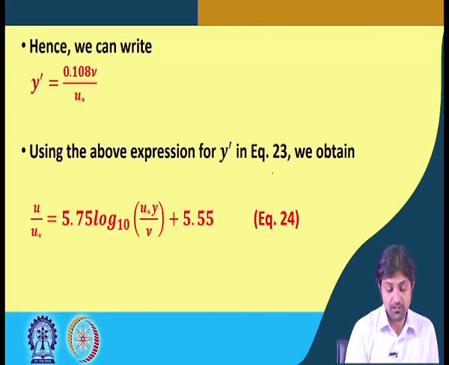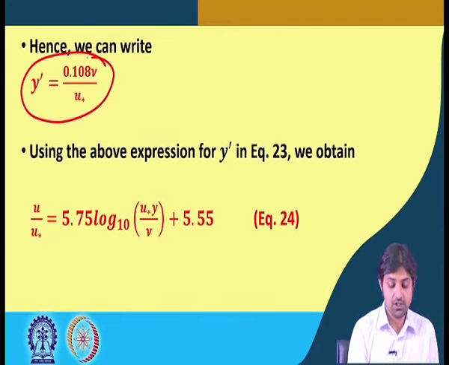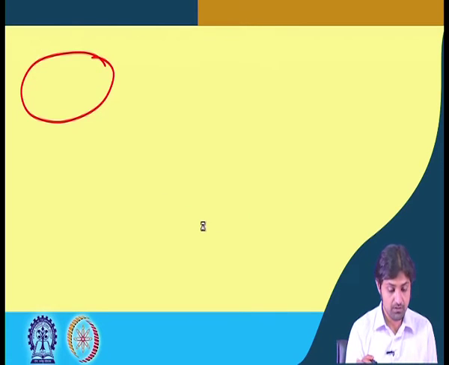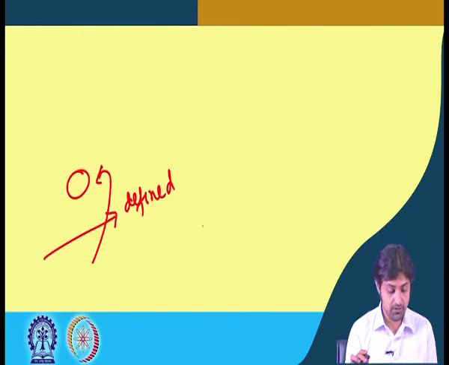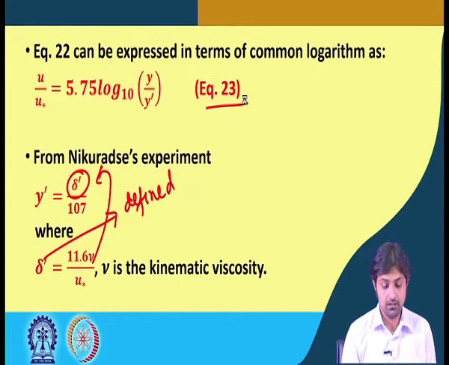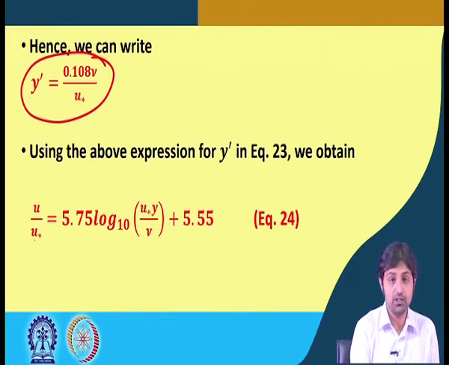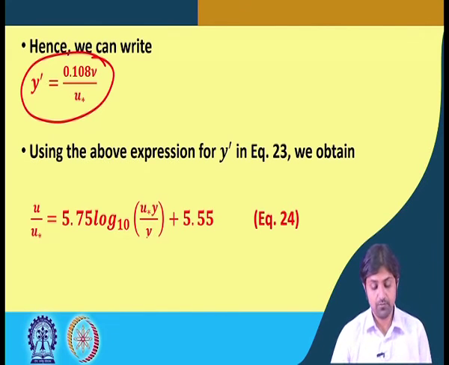And now if we use this in equation number 23, we obtain u by u star equal to 5.75 log 10 u star y by nu plus 5.55.